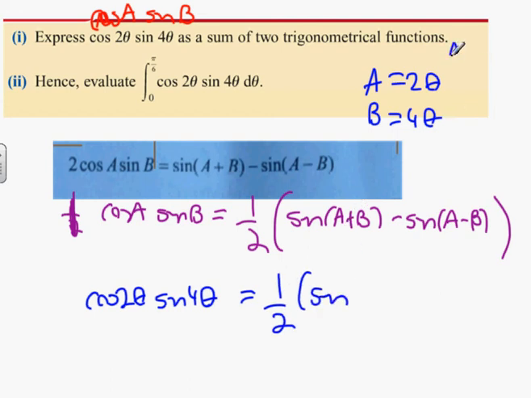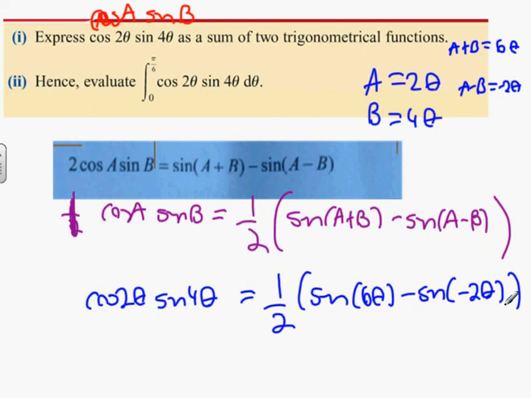A plus B is 6 theta. A minus B is minus 2 theta. So it's going to be sine 6 theta, and then minus sine minus 2 theta.